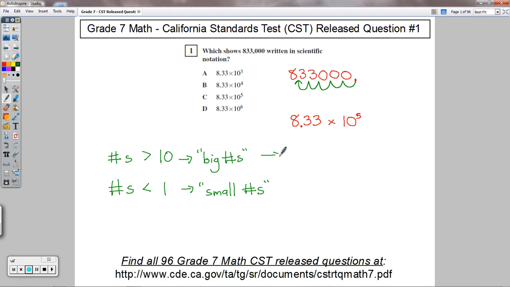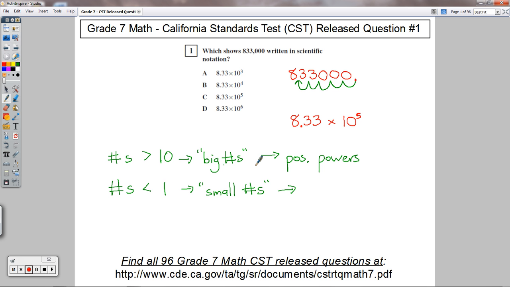And with big numbers, you're going to have positive powers in scientific notation going along with that, like you see here. So if you start with a number that's greater than 10, think of that as a big number. You're going to have positive powers correlating to that.